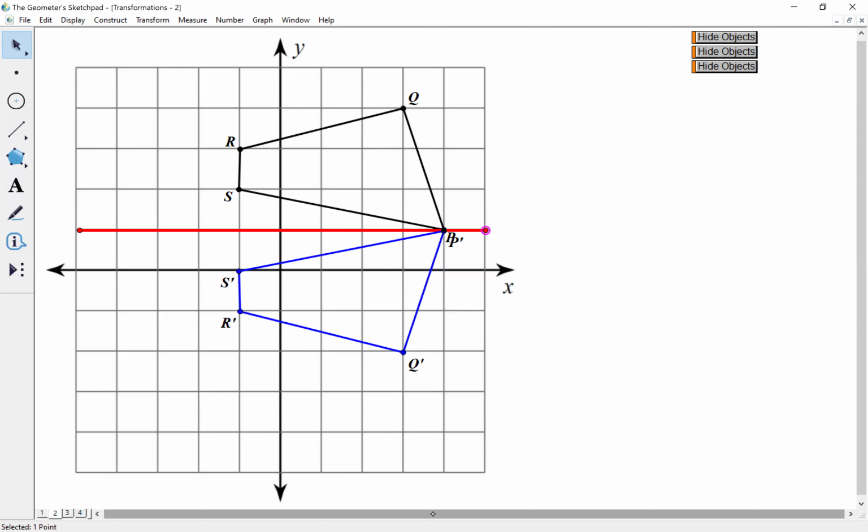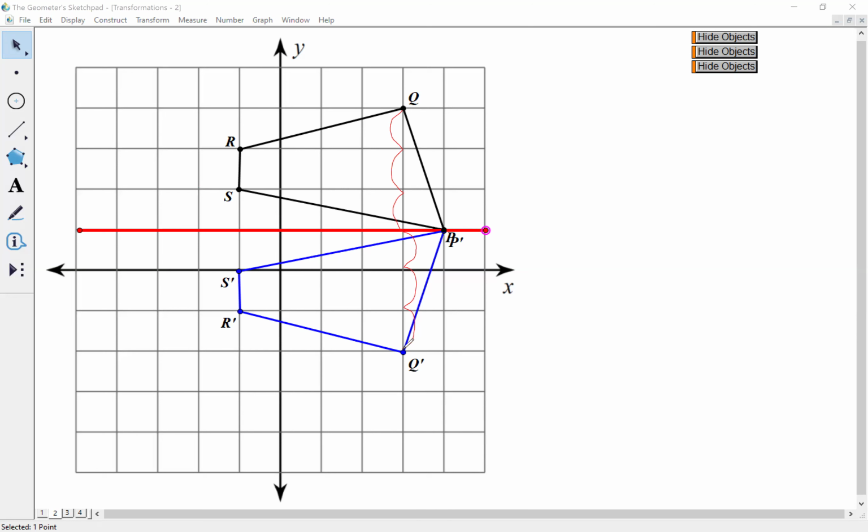That's really what we're going to do. Look at my point Q. I'm going to count the spaces from each of my points to the mirror line, and I'm going to count the same distance on the other side. So for example, my point Q to the mirror line is 1, 2, 3 spaces. So on the other side, I'm going to go 1, 2, 3 spaces.